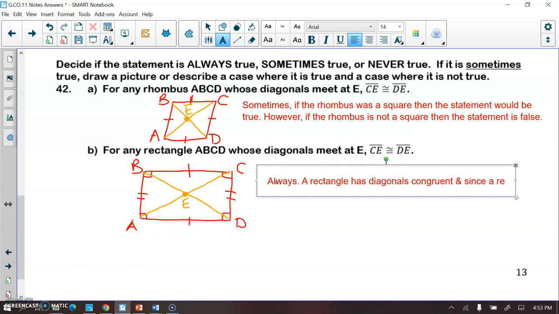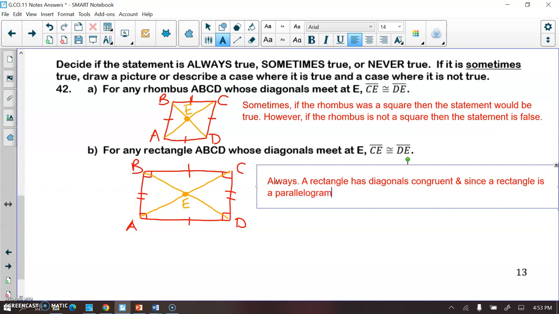And since a rectangle is a parallelogram, the diagonals also bisect each other.